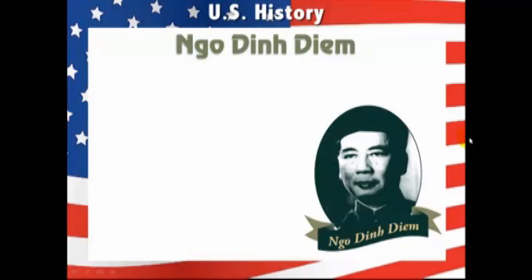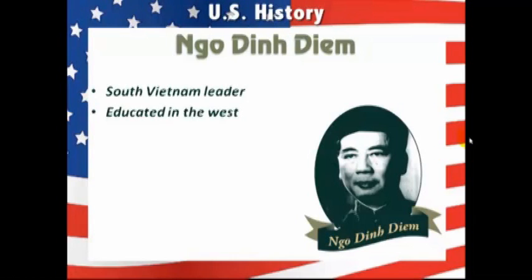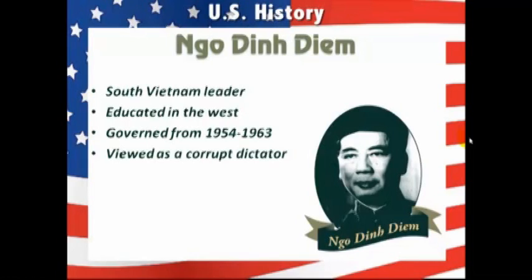Now, looking at South Vietnam under Ngo Dinh Diem. Diem was the South Vietnamese leader. He had been educated in the West, and he governed from 1954 until 1963. And he was viewed as a corrupt dictator.